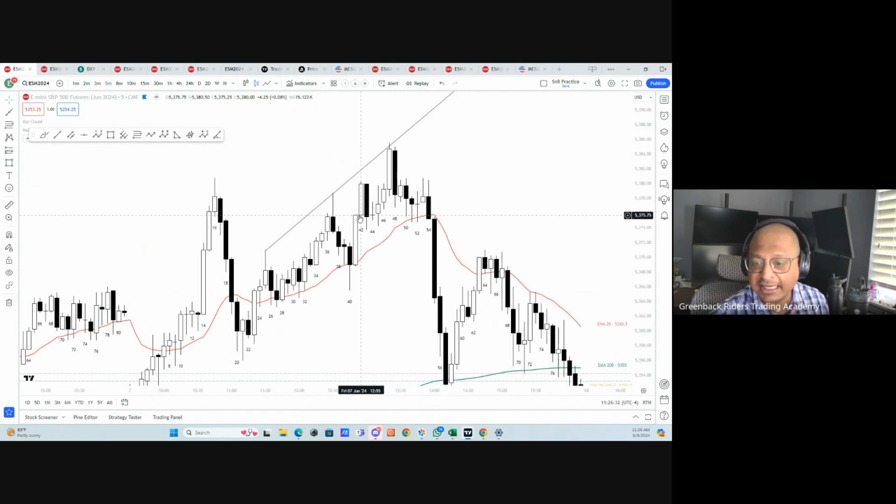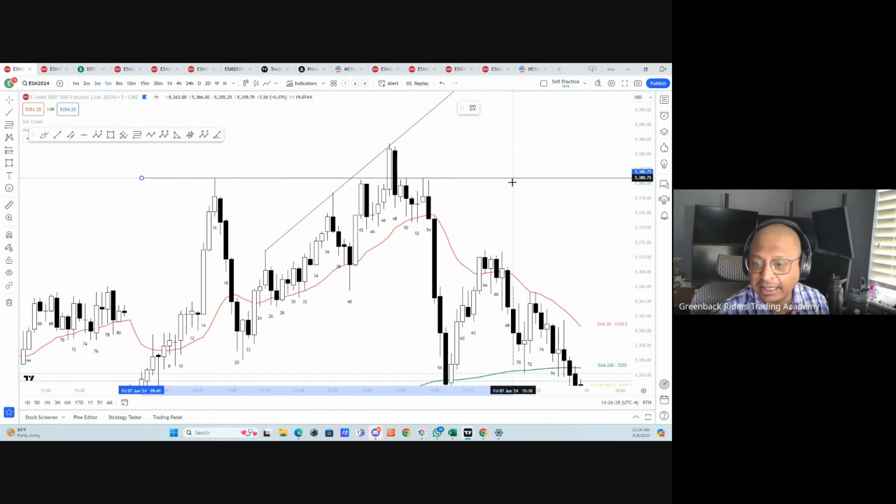What we saw here was this was the previous high. We came above the previous high and then closed strong below it. So this itself is telling me that maybe this was a false breakout, but I cannot enter a short trade yet here. I have to wait for my setup.